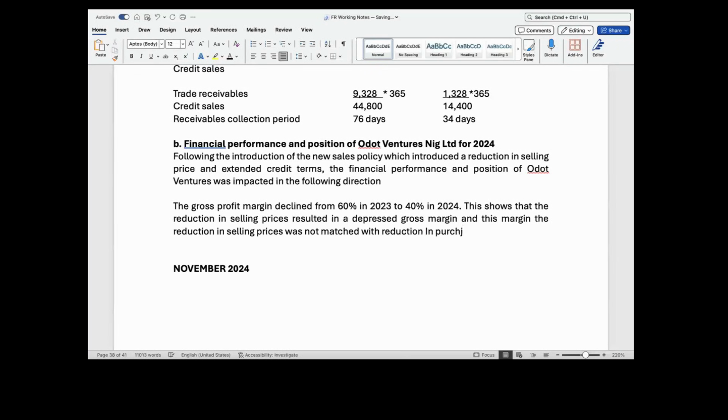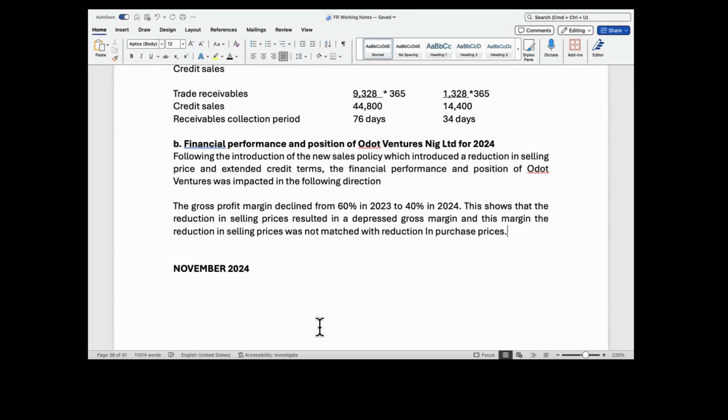So they didn't remember to get a discount from their own supplier. They were giving a discount to their own customers just to increase sales. Of course, it's expected that gross profit margin will be impacted if you don't find a way to reduce your costs. So which is what I've explained here, that the profit margin declined.